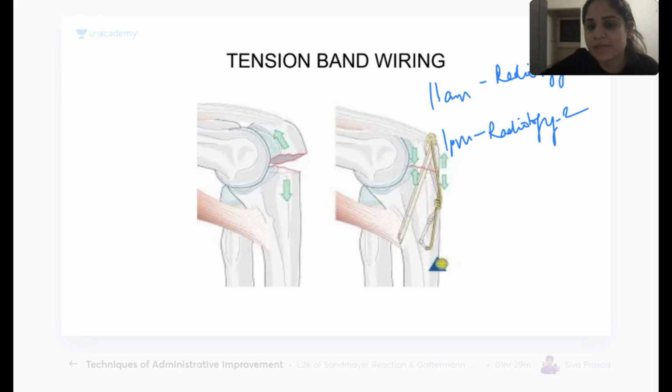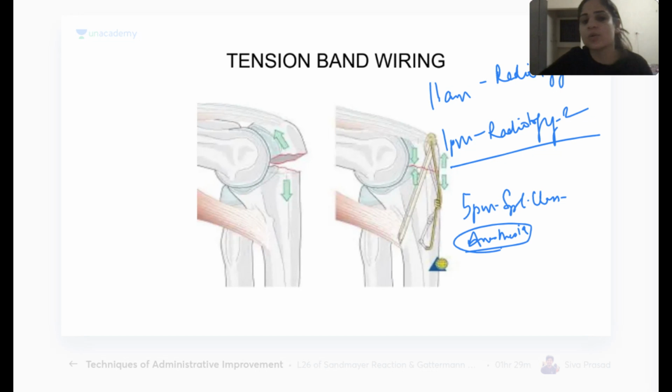Okay, so 11 a.m. we'll be having radiology part 1. 1 p.m. we will be having radiology part 2. Okay, and after that in the evening at 5 p.m. I'm keeping a special class for you guys to know what is anesthesia exactly. Many of you are NEET PG aspirants who now want to take your branch.